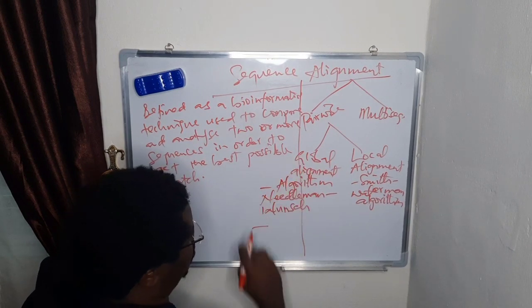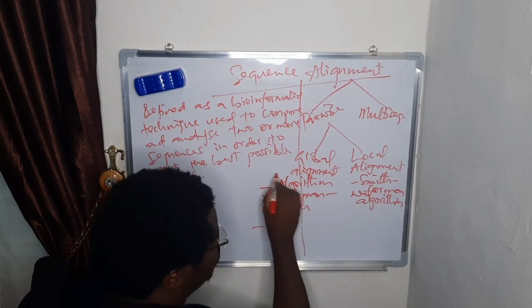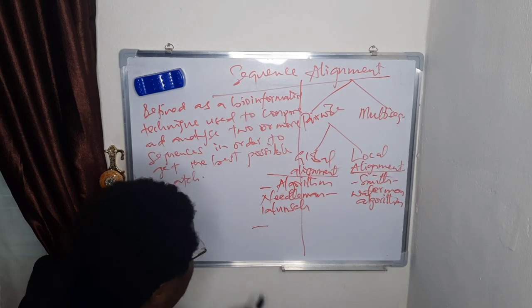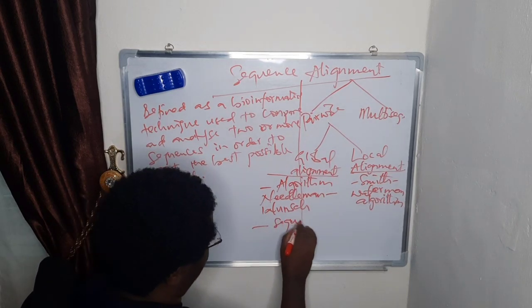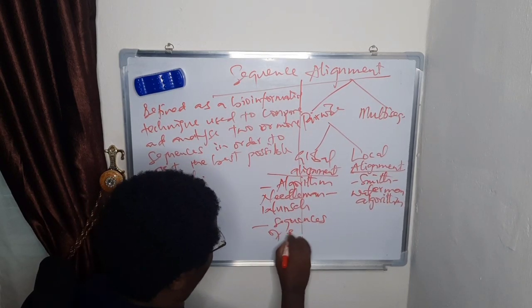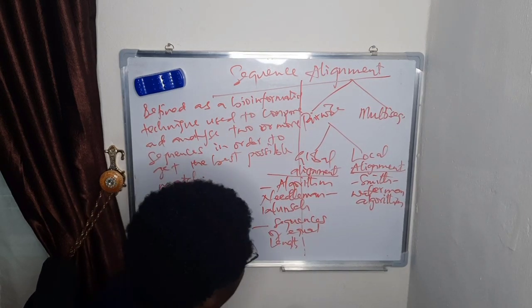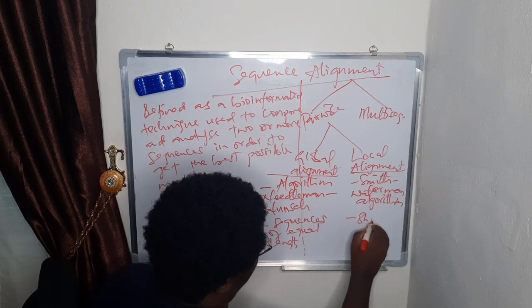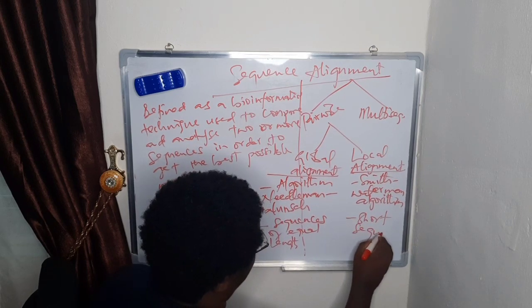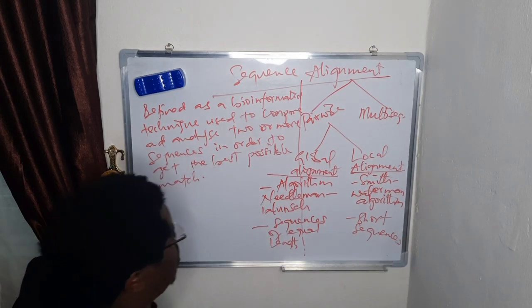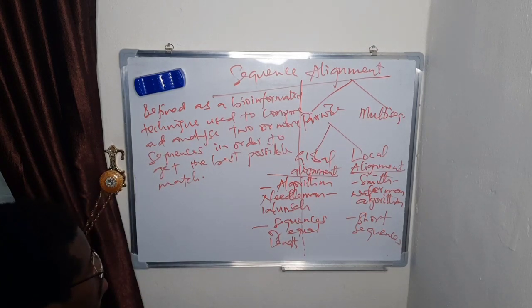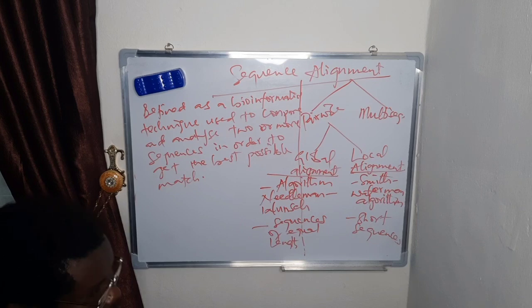This one is for global alignment, usually for sequences of equal length, while this is used for short sequences. Sequences of equal length. So I'll explain how some of these work.